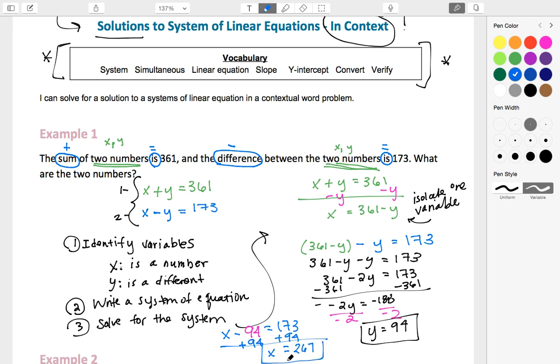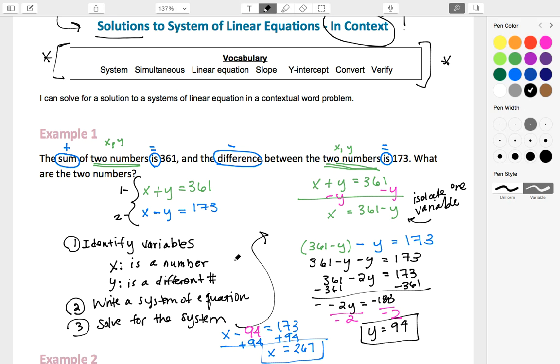Okay, and that is my answer. So in this case, the number is 267 for x, and the y number is 94. Let's just say y represents, or 94 represents the y value there.